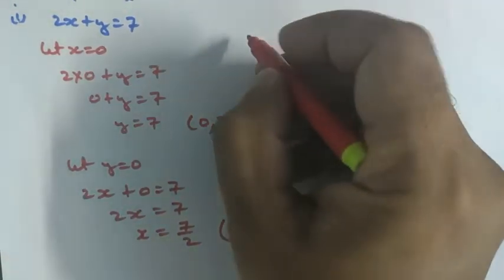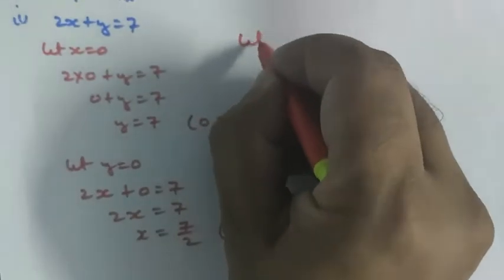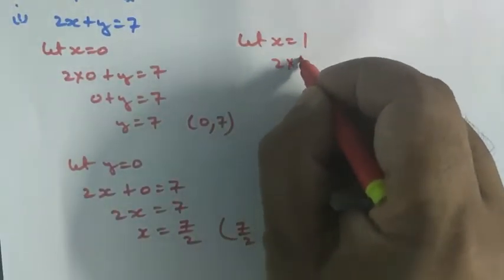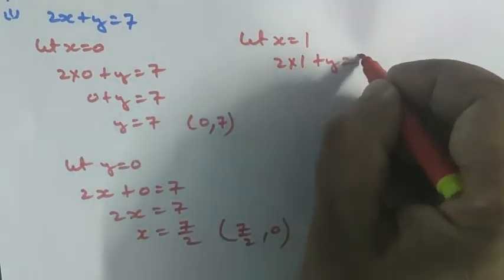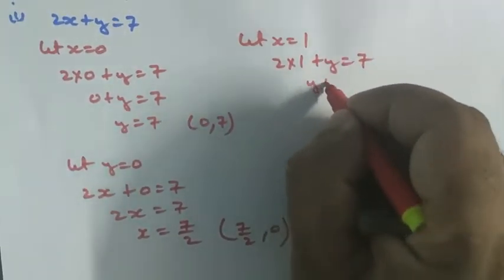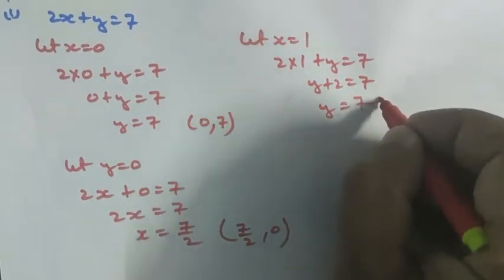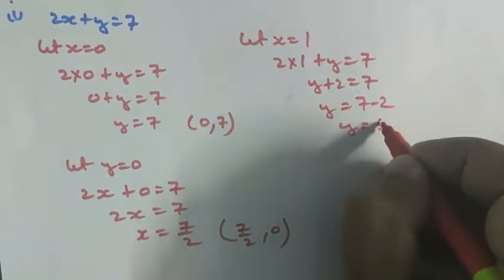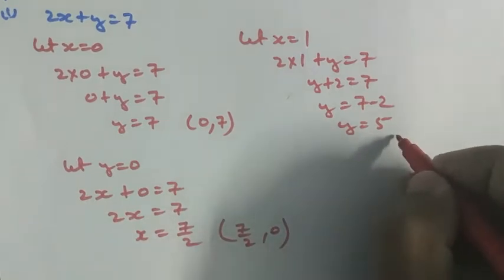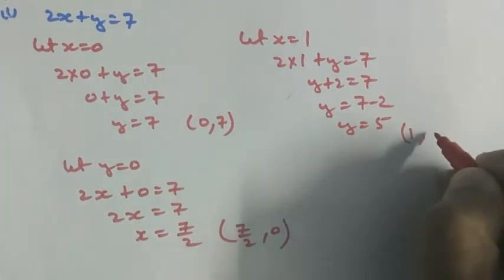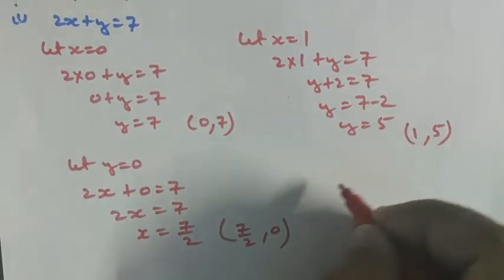Now if we take x equals 1, then it will be 2 times 1 plus y equals 7. So 2 plus y equals 7, y equals 7 minus 2, y equals 5. So the solution pair for x equals 1 will be x coordinate 1, y coordinate 5.